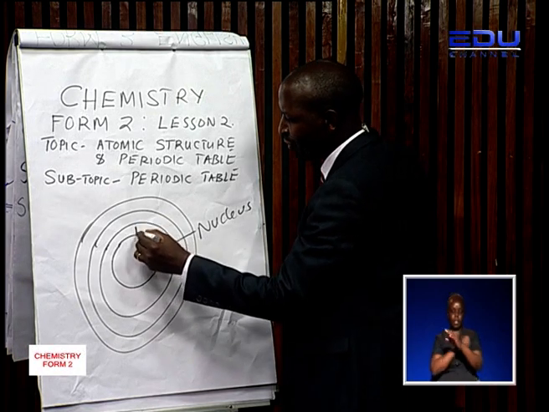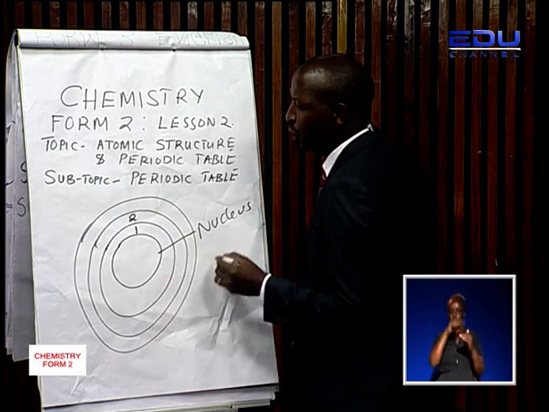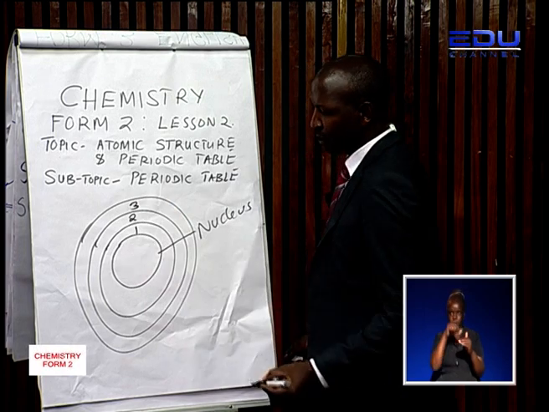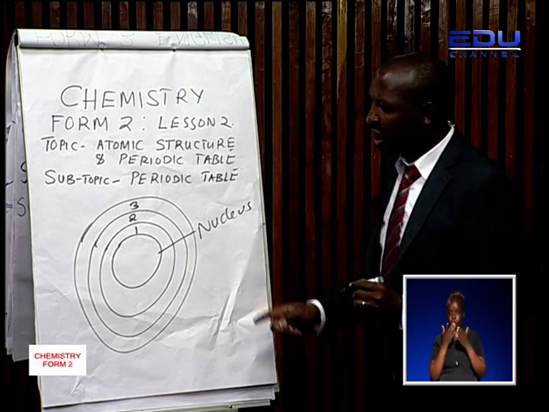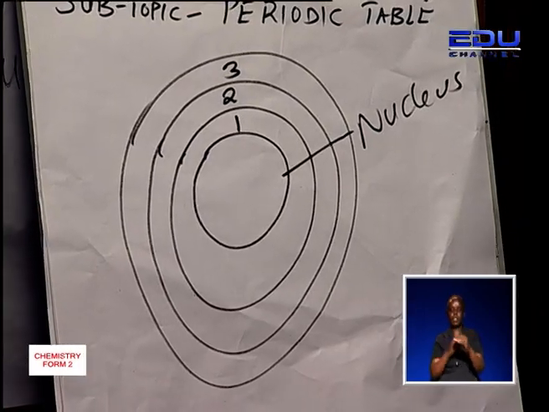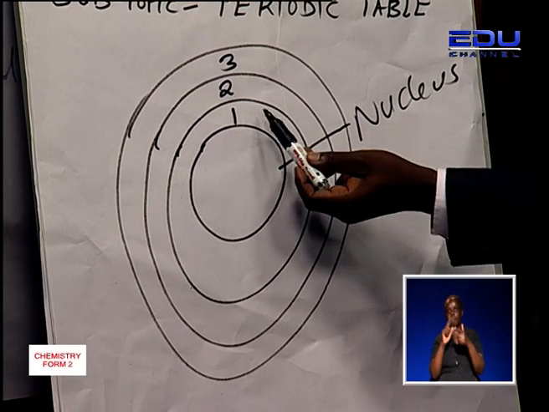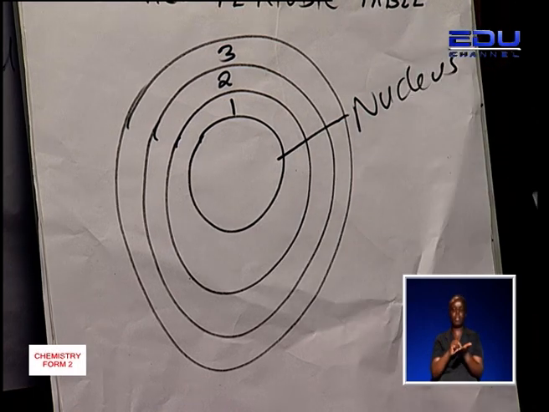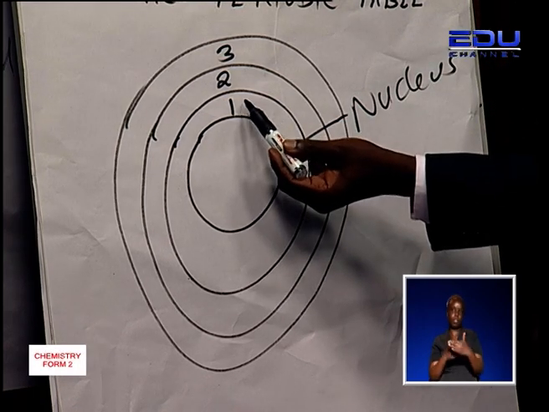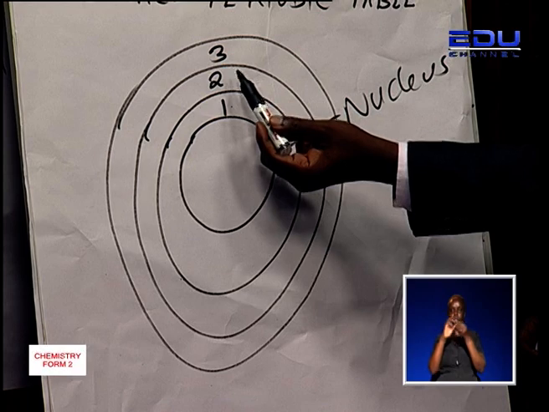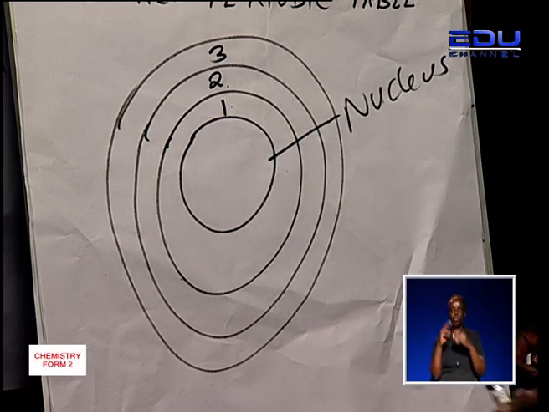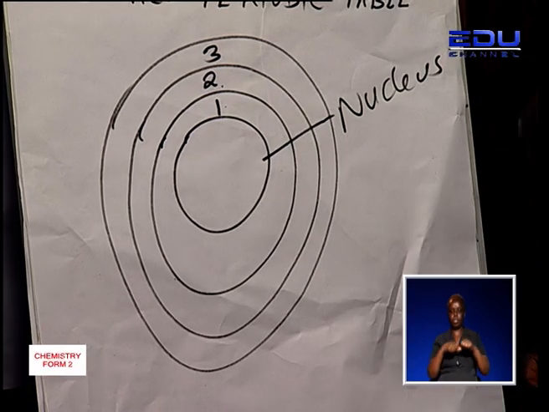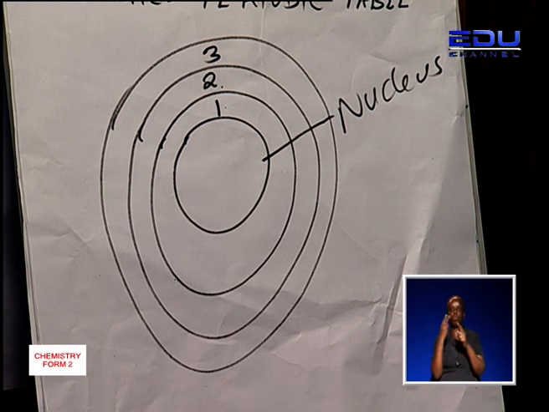We have energy level 1, energy level 2, and energy level 3. The energy levels are numbered from the one nearest to the nucleus. So the energy level that is closest to the nucleus is energy level 1, followed by energy level 2, energy level 3, and the chain continues to energy level 4 all the way to energy level 7.